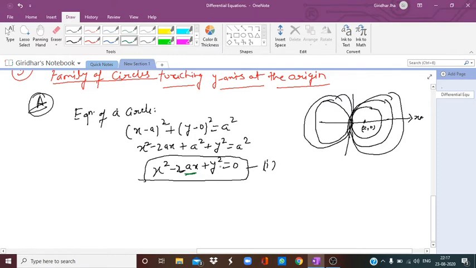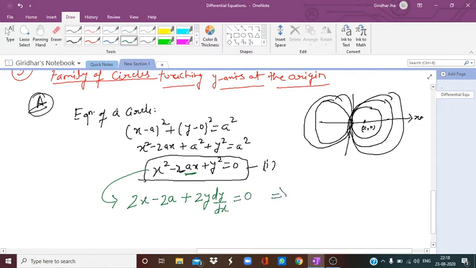And then again we resubstitute the value of a into equation 1, and we will finally get the differential equation. So now let us differentiate this equation, only once. So this is 2x minus 2a, where a is constant and x is 1, and the derivative of y square is 2y into dy by dx is equal to 0.